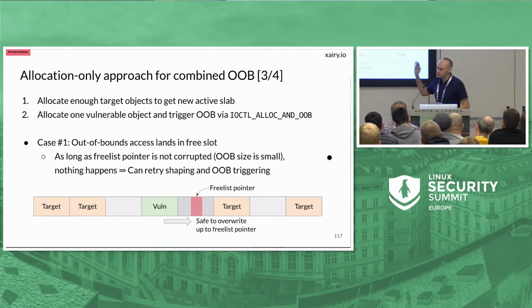But now that the free list pointer is moved into the middle of the slot, it actually helps us with this particular exploitation approach. So maybe, I don't know if it's a good idea to move it back into the beginning, because some kind of poison thing might work too. But it is fairly interesting that it works now.